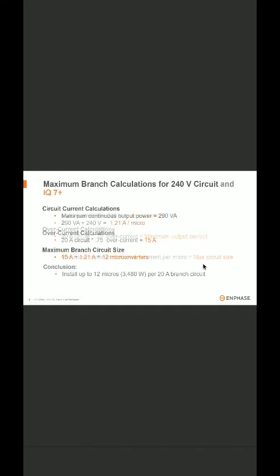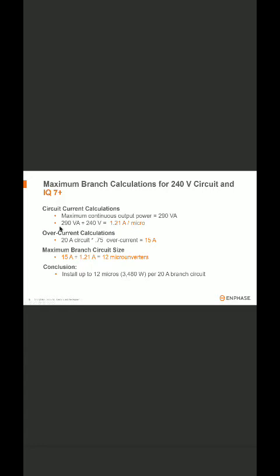Let's take an example here for IQ7. For IQ7, we know that the maximum continuous output power is 290. If you divide this 290 by 240, you'll get 1.21.